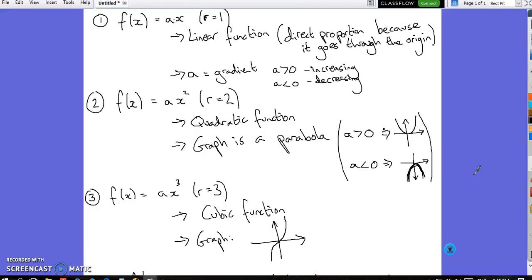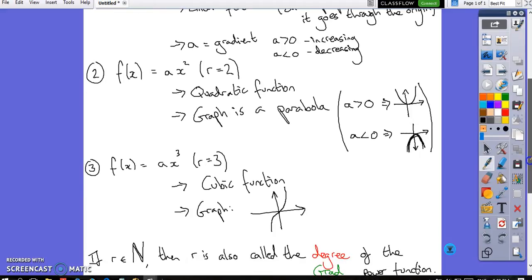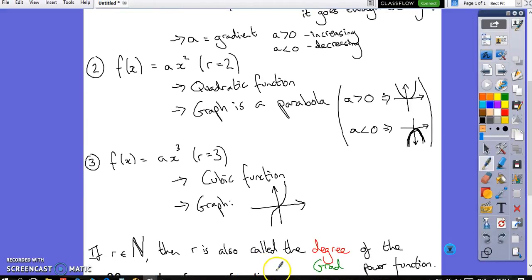And actually, these are 3 examples for which r is an element of the natural numbers. And if r is an element of the natural numbers, then it's also called the degree of the power function. And in green here, I've given you the German as well. It's just a translation of degree, of course.